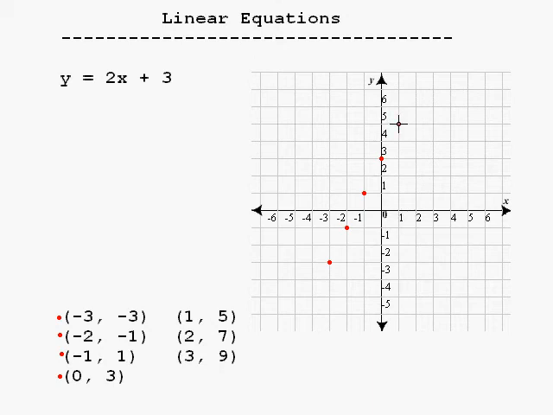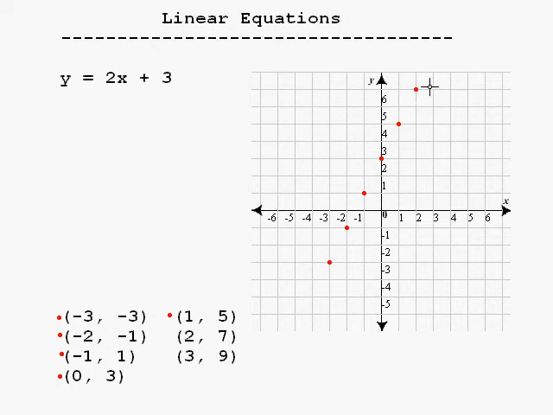Our last one will be 2, 7: over to 2 and up 7. There we go. And you see that all these dots go in a line.